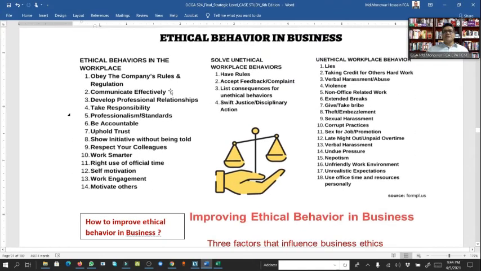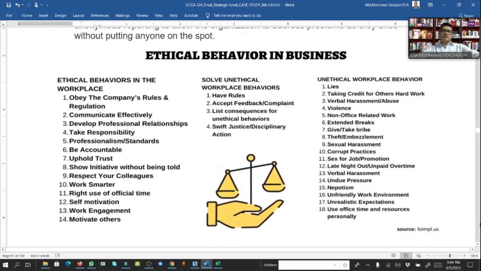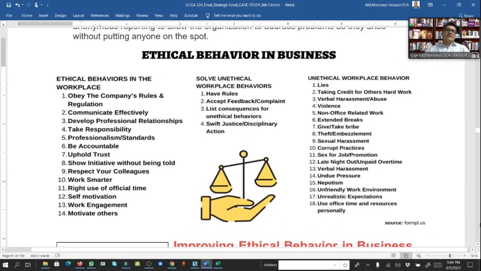And ethical behavior in business, as we see here, is taken from the US. Ethical behavior in the workplace: obey the company's rules and regulations, communicate effectively and efficiently, develop professional relationships, take responsibility, maintain professionalism standards, be accountable, uphold trust, show initiative without being told, respect colleagues, work smartly, and use official time rightly.